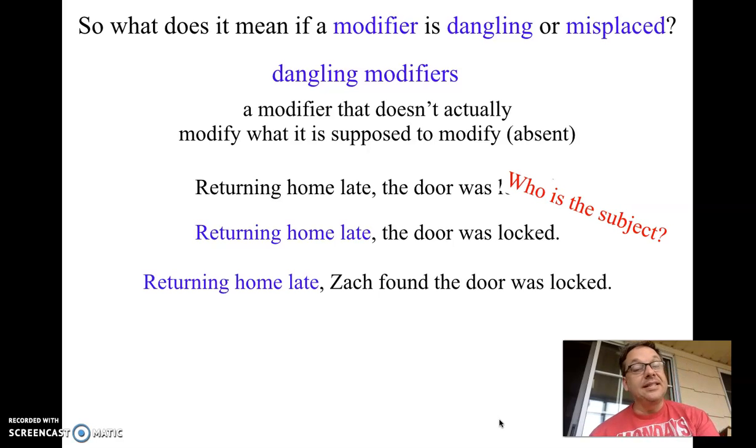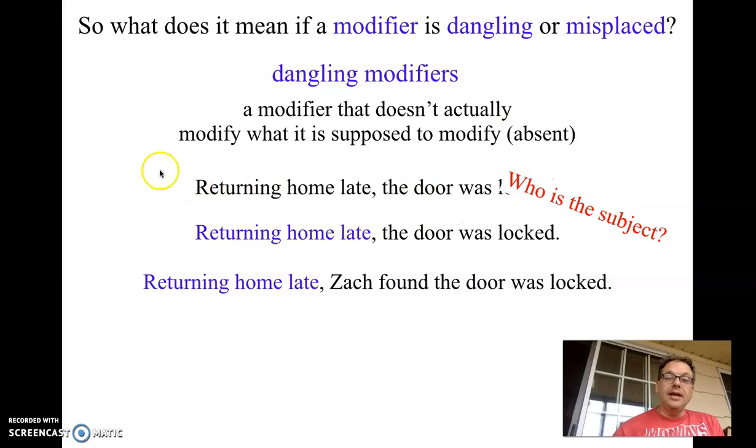Returning home late, Zach found the door was locked. So now, right, this is modifying Zach, telling us about Zach. We have the subject, we have the verb, what he did, right? We have all of the parts we need for this sentence. Okay. Subjects are often one of the most difficult things for students.